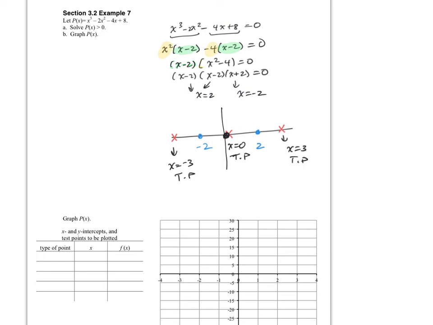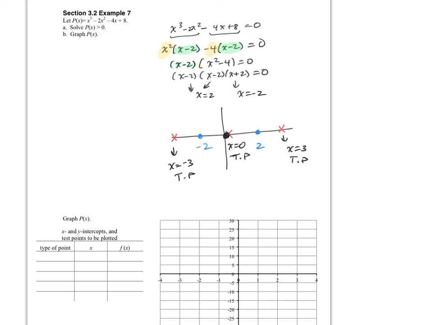So we're going to need to test here, here, and here. So we're going to use the values -3 for the test point, 0 for the test point in here, and 3. You can pick anything you want between the intervals, but this is as easy as it gets. So now let's start with x equals 0.